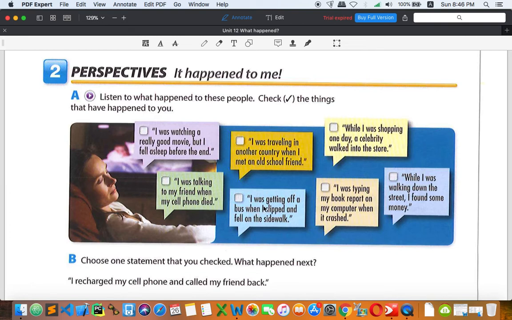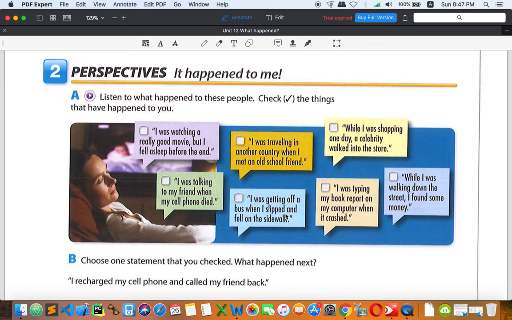Let's go to this. I was getting off a bus when I slipped. Slipped, right? So you fall to the ground. I'm sorry, not fall. It's just like you step over something that is slippery, and you might not understand the word slippery.